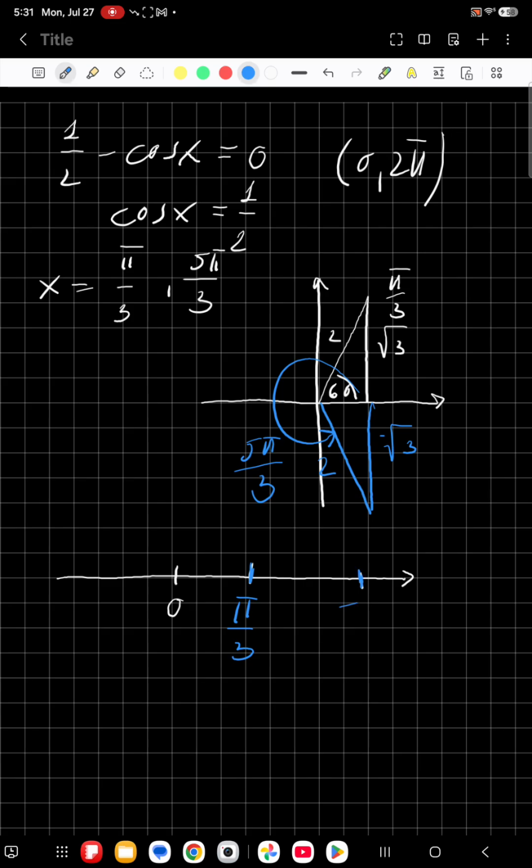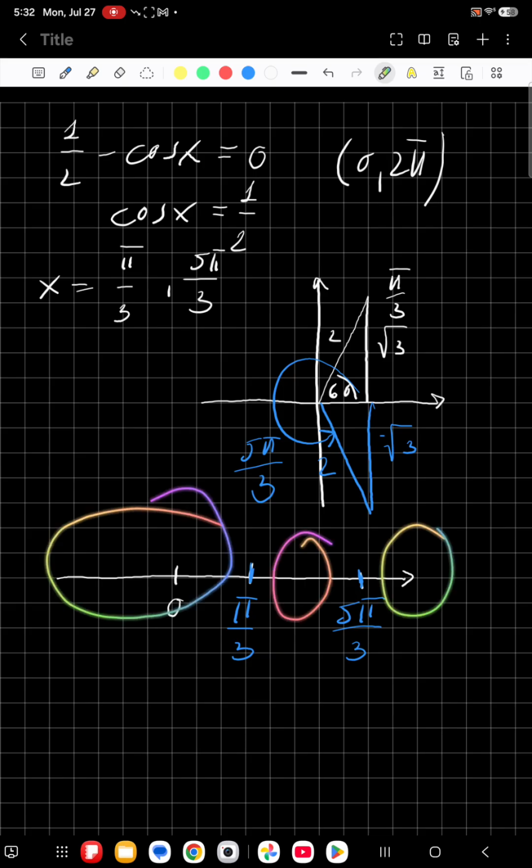This is 5 pi over 3. And remember that I just put that 0 there. I'm talking about these. It's good to have 0 in the number line to see where we are. So we're to the right of that 0, and we have 3 intervals. So we have this interval, and then this, and then this.